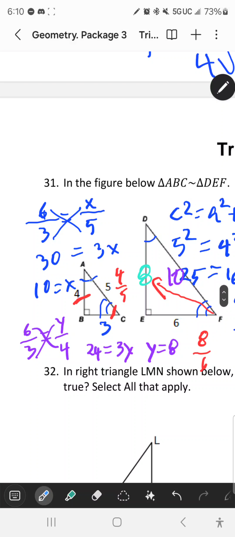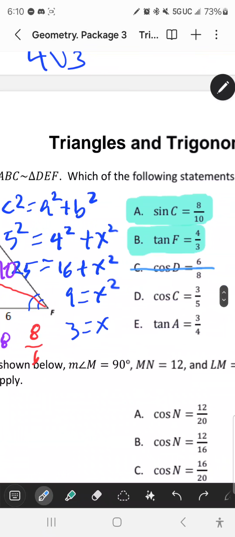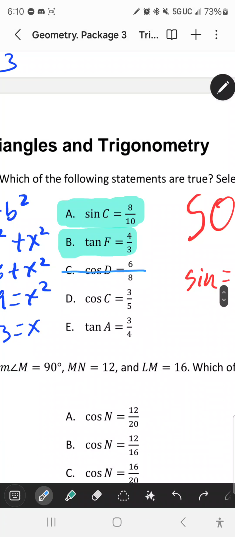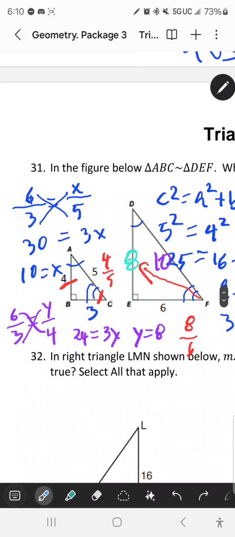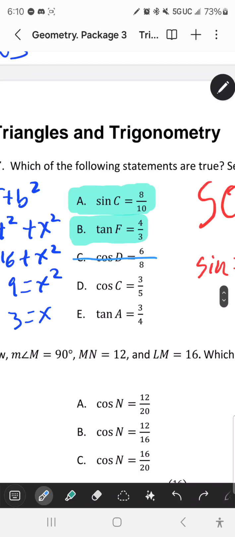Additionally, the equivalent angle will be A, and if I look at the cosine, it will be 4, the adjacent, over the hypotenuse, 5. It has nothing to do with 6 and 8. Now, cosine of C. Okay, I go to C. Cosine is adjacent over hypotenuse. It will be 3 over 5. And I go here.